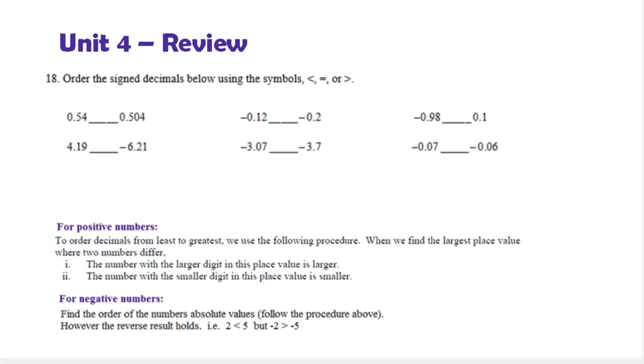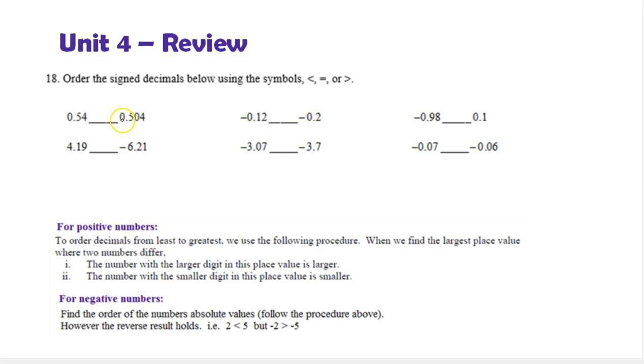Let's look at the next problem. Order the signed decimals below using the symbols less than, equal to, or greater than. Okay, so here's a general strategy. We're just going to go through this as we go. Basically what we're going to do is start at the decimal place furthest to the left and compare the numbers.